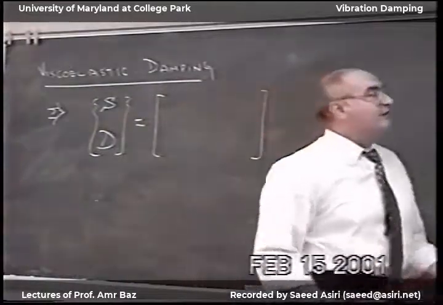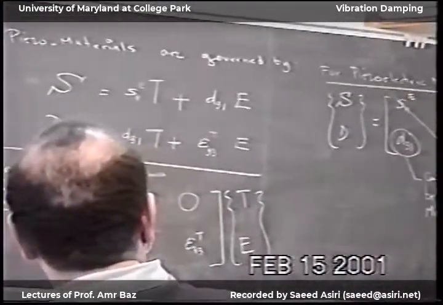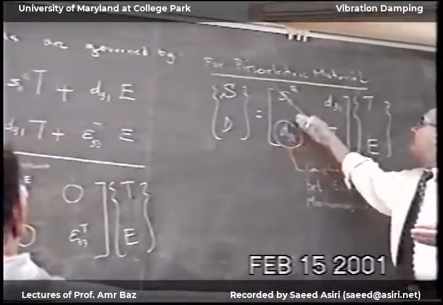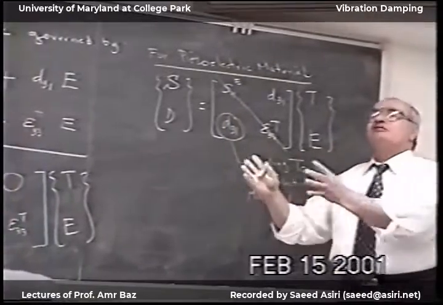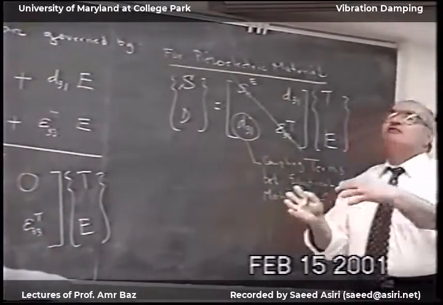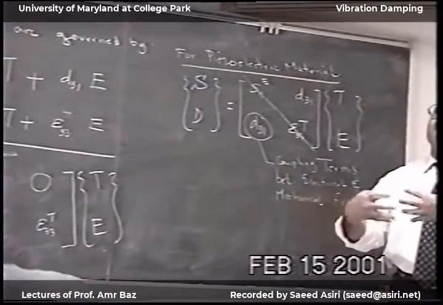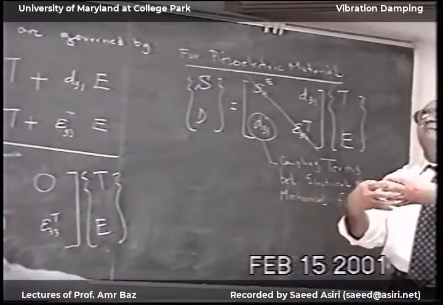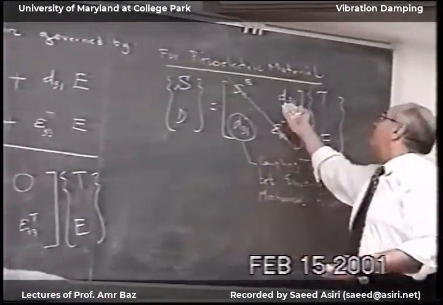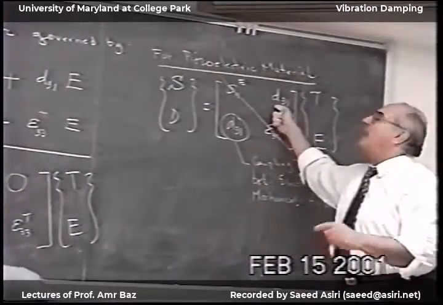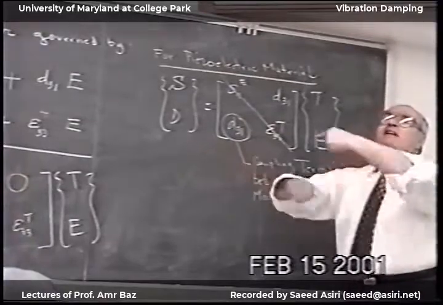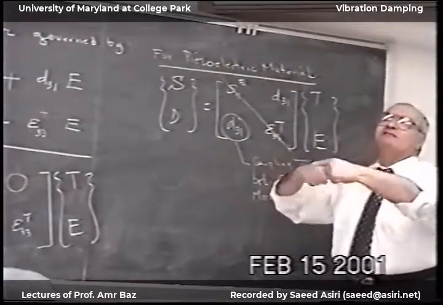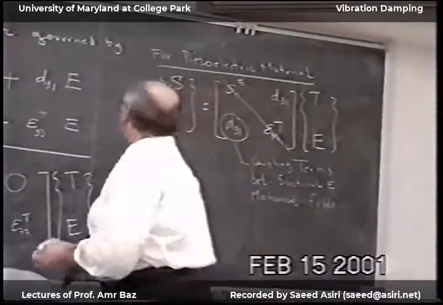One important thing is these materials are symmetric. The coupling terms between mechanical and electric are symmetric. So if I apply voltage, I generate strain. If I apply strain, I generate voltage. And the relationship is exactly the same. If I apply a unit here, I can generate a unit here. If I apply a unit there, I'll generate a unit here. If I reverse, reciprocity is preserved. So this is symmetric.